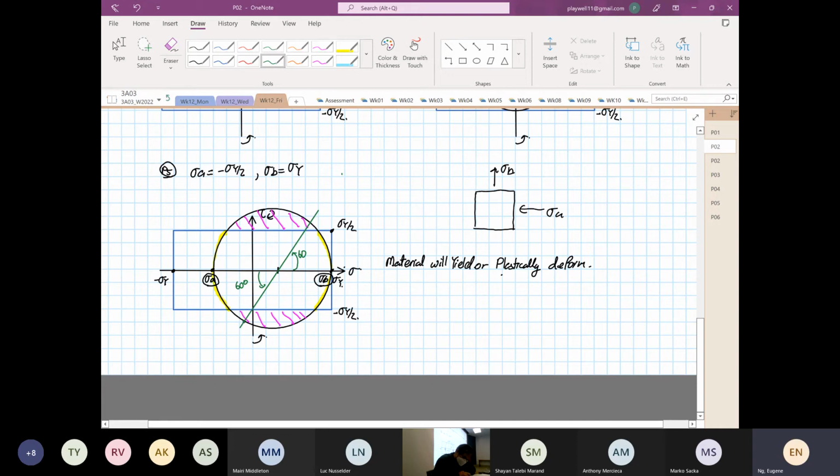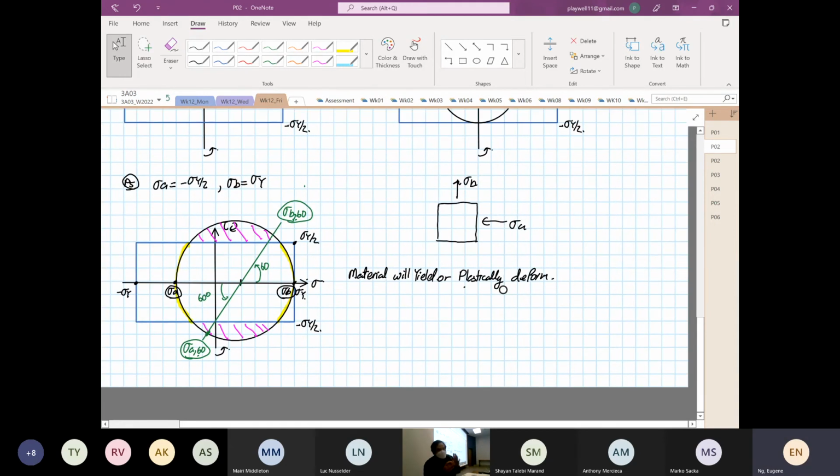So I'm going to call this stress A60. And this is my stress B60. Okay. So the material is still under the same stress state. Okay, so this is the stress state it's in, or the applied load.